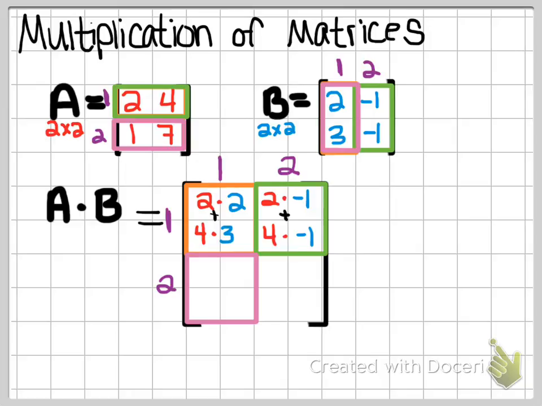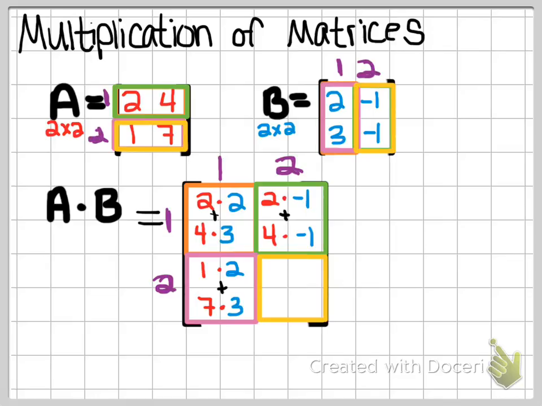Find the elements that match together, 1 and 2. We multiply them. And then we're going to add them to the elements that match in the second, 7 and 3. And then finally, my last element in my answer matrix is element 2, 2.